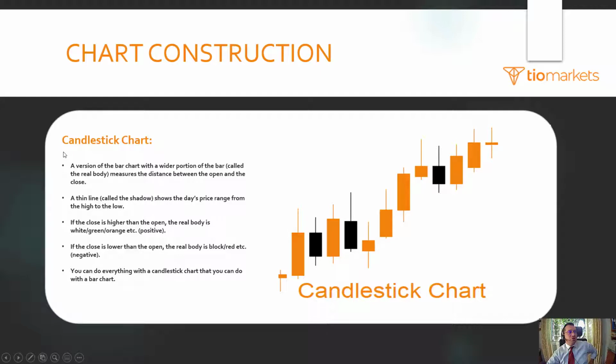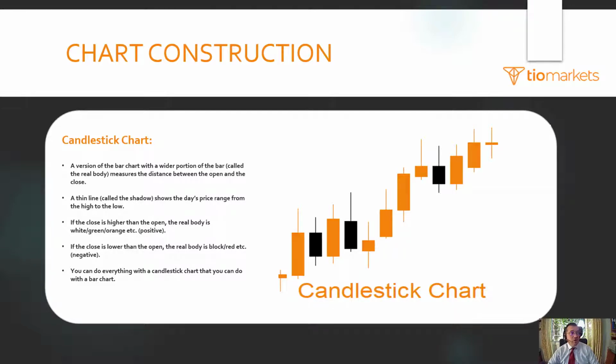So a candlestick chart is a version of the bar chart. It's got a wider portion of the bar called the real body. It measures the difference between the opening and the close. A thin line is called the shadow. This shows the day's price range from the high to the low. If the close is higher than the open, then the real body is either white, green, orange, etc. for positive.